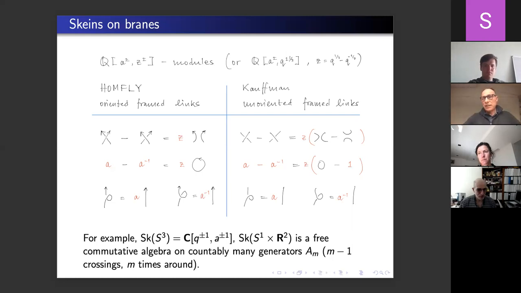And finally, there is the last relation that says that if you do a framing change on your knot, that costs A or A inverse. On the Kauffman side, it's similar.